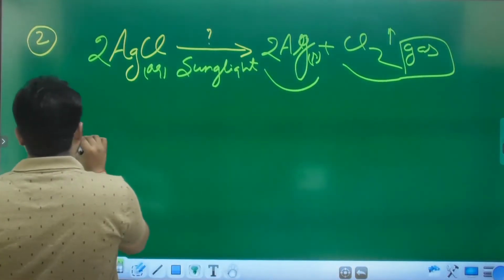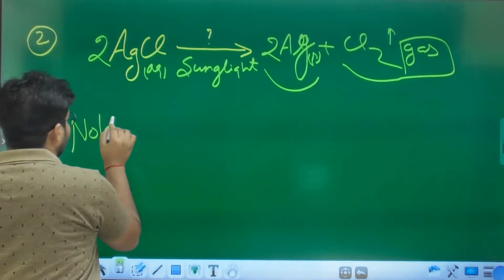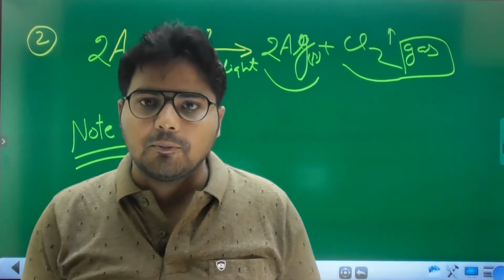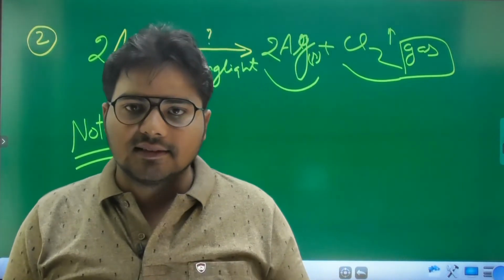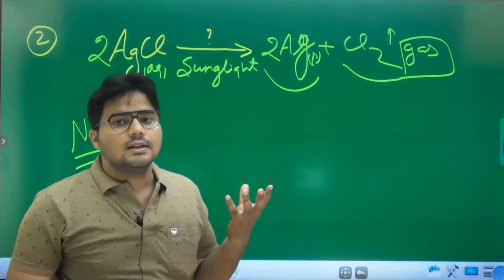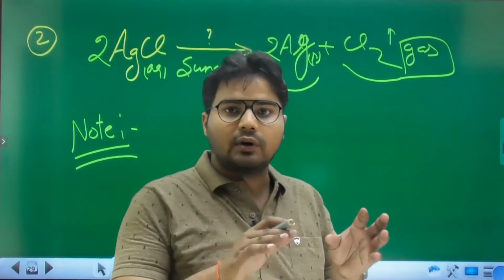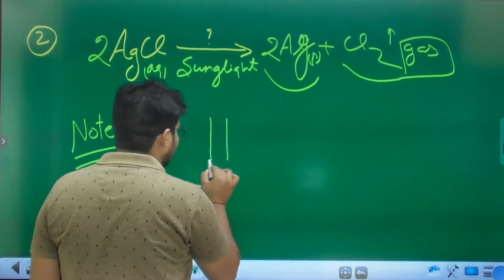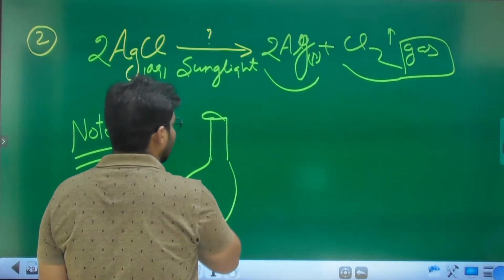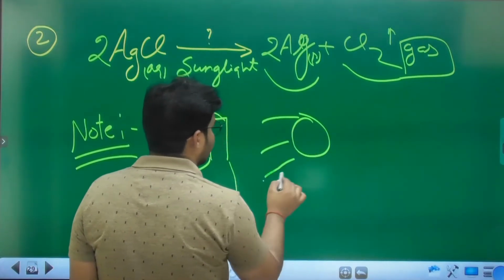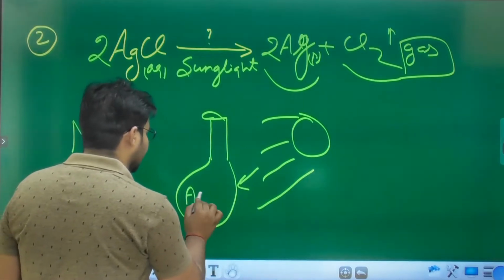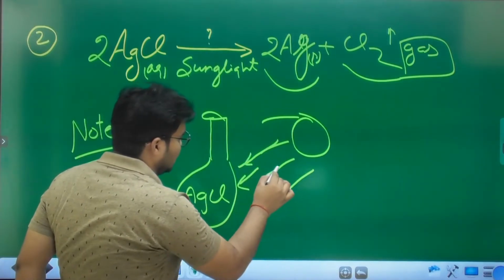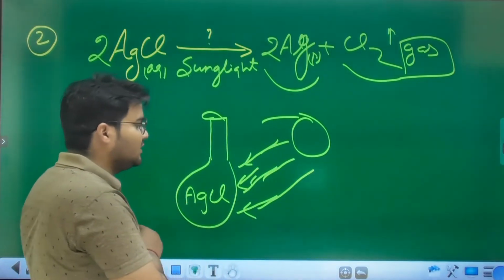Now note it down, in most exams it is asked why silver chloride bottles cannot be kept in sunlight and have to be kept in the dark. The reason is, suppose this is your tightly closed bottle with AgCl, and sunlight strikes this bottle.